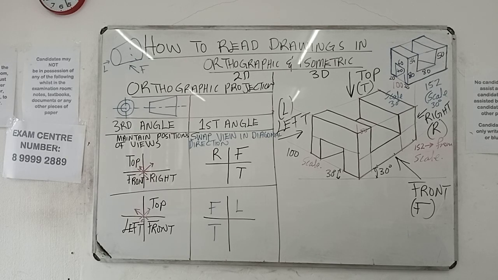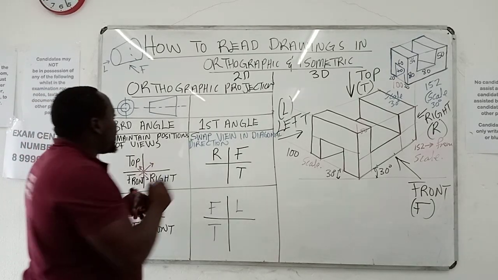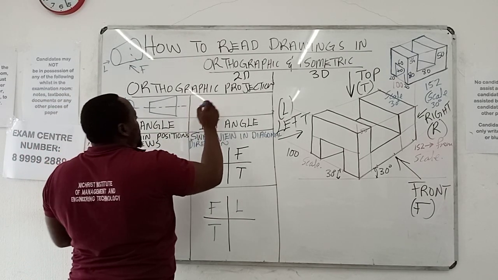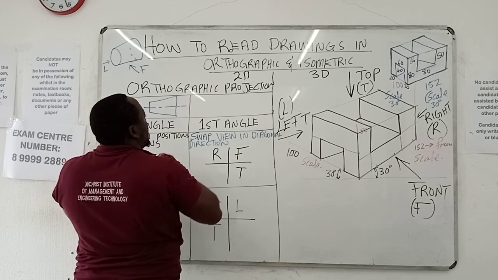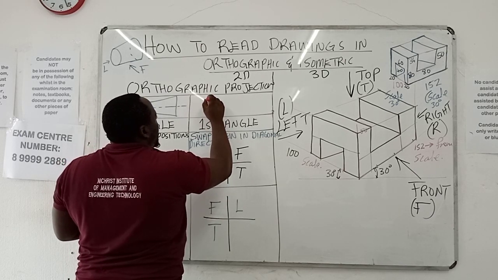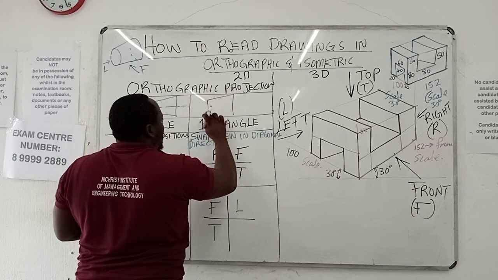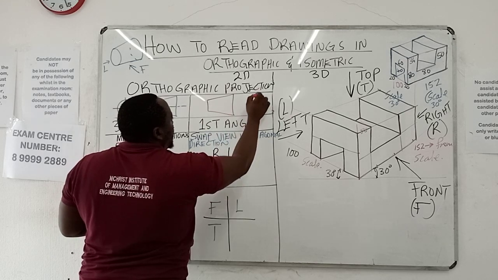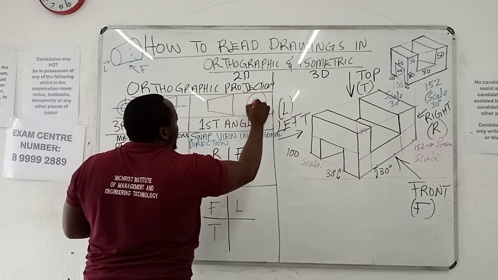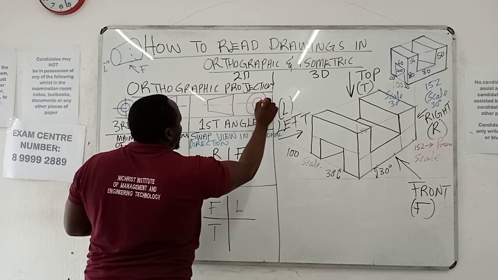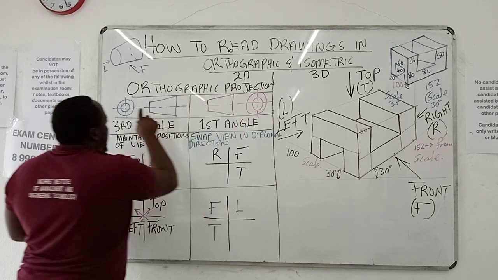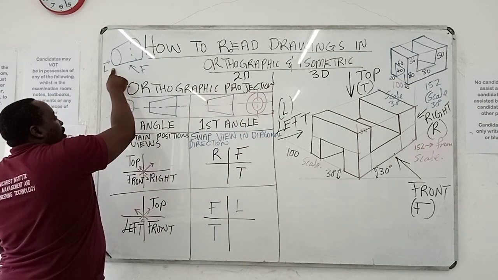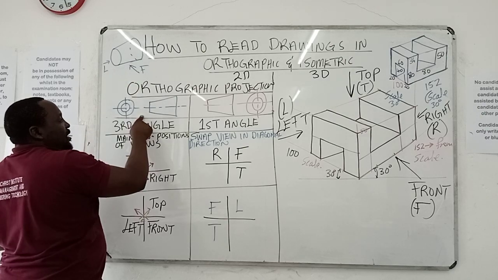Are we together? Yes. Then here we say we swap views. So your cone will be here, and your circles will be there. The third angle takes the way the drawing you look at it.